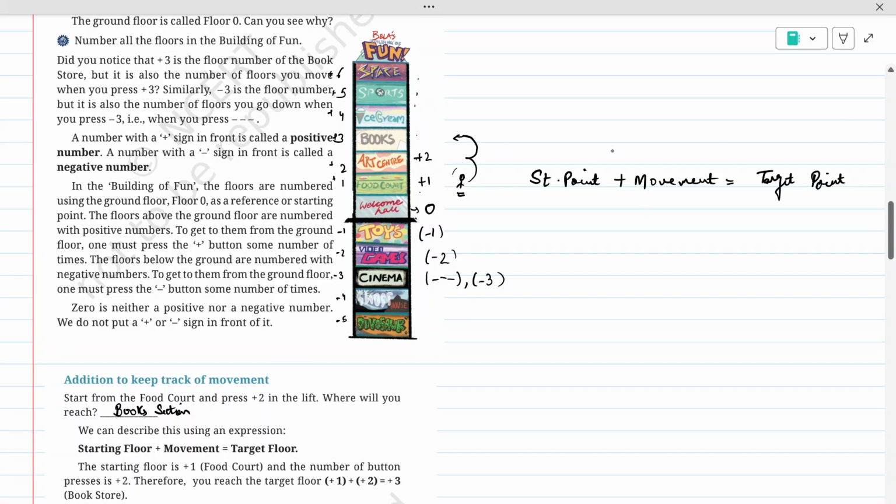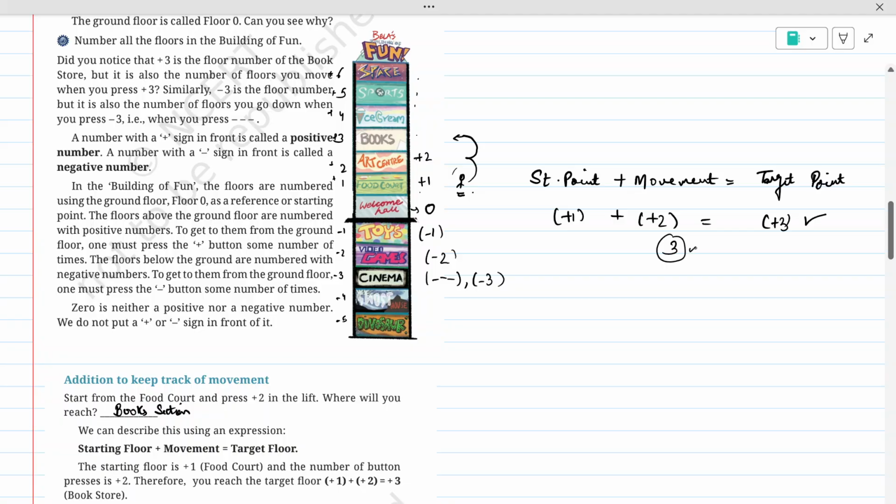So now I was standing at +1 and I moved 2 floors up. So I have taken the movement of 2 here, right? So I have reached the target point, the book section, which is the 3rd floor. If I see from here, this is 1st, 2nd and 3rd floor, right? So this is my target point. And also if you add these two, you will get 3 only.